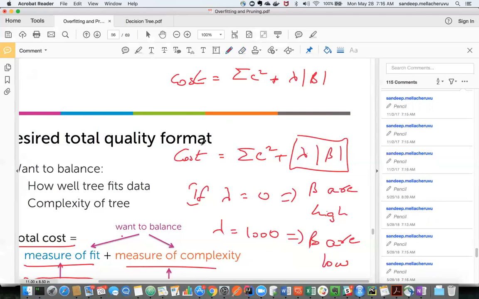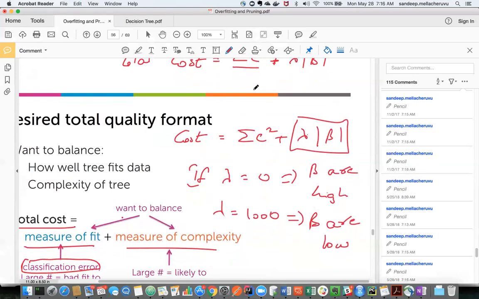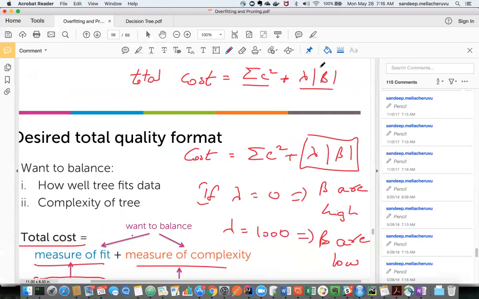We are saying total cost. Are you clear with this? Ridge regression, whatever we did, is the same as this one. This sigma e square is nothing but the measure of fit. Lambda times modulus of beta is nothing but the measure of complexity.